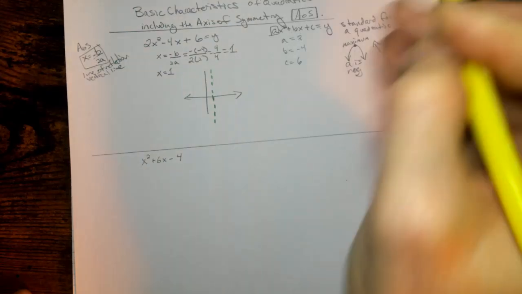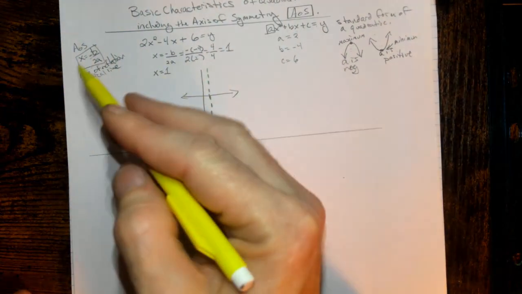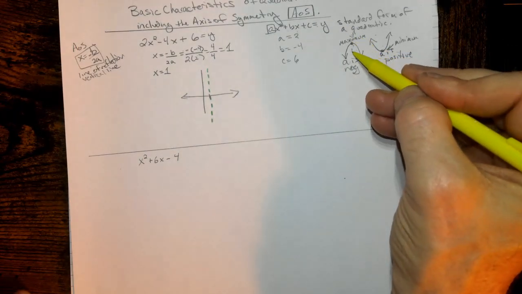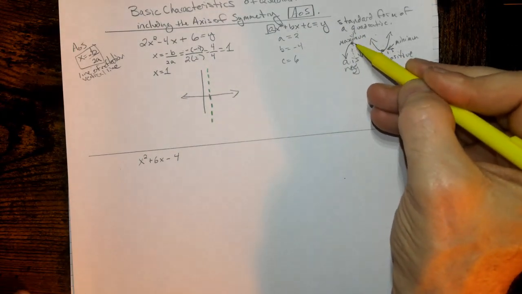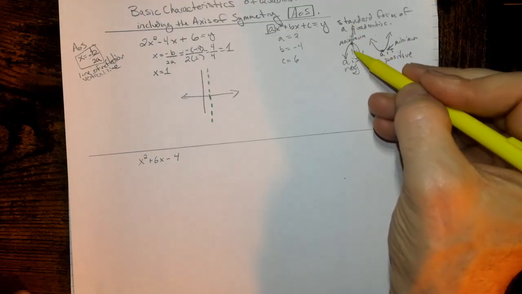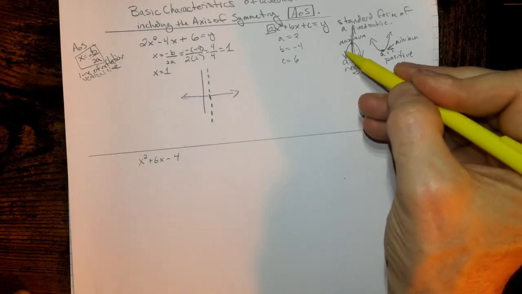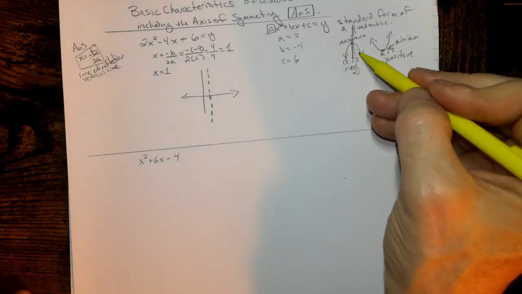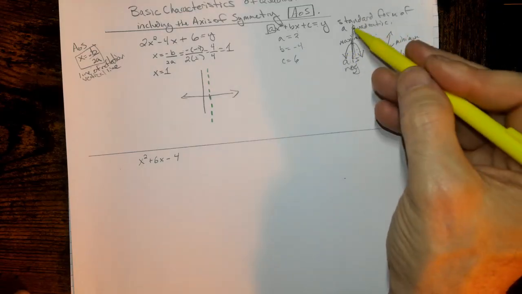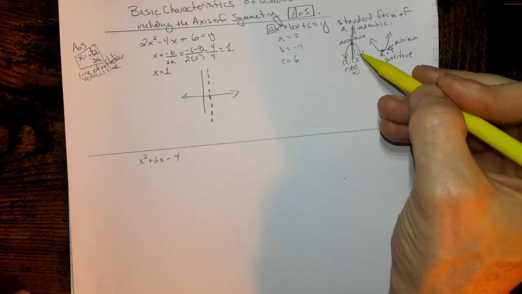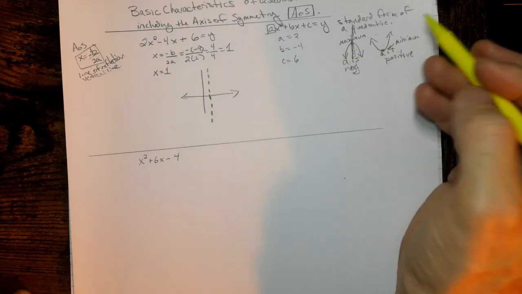So I have some information already using this axis of symmetry. If I drew this line right down the middle, you can see if I could fold the paper along this line I'm drawing, which is kind of light, this piece would flip over and map perfectly to itself, and that's why we call it a line of reflection. The left side will flip over and map to the right side, or the right side will flip over and map to the left side, one way or the other.